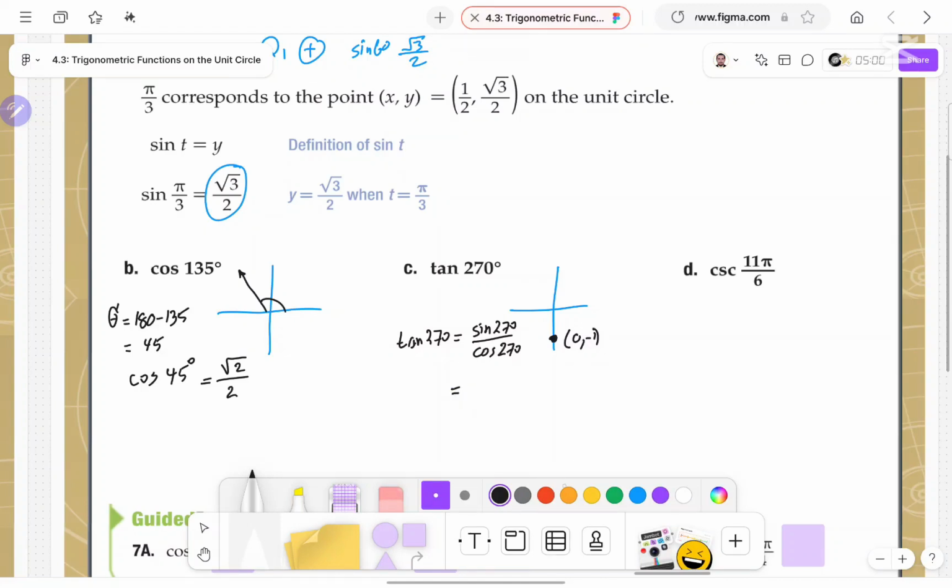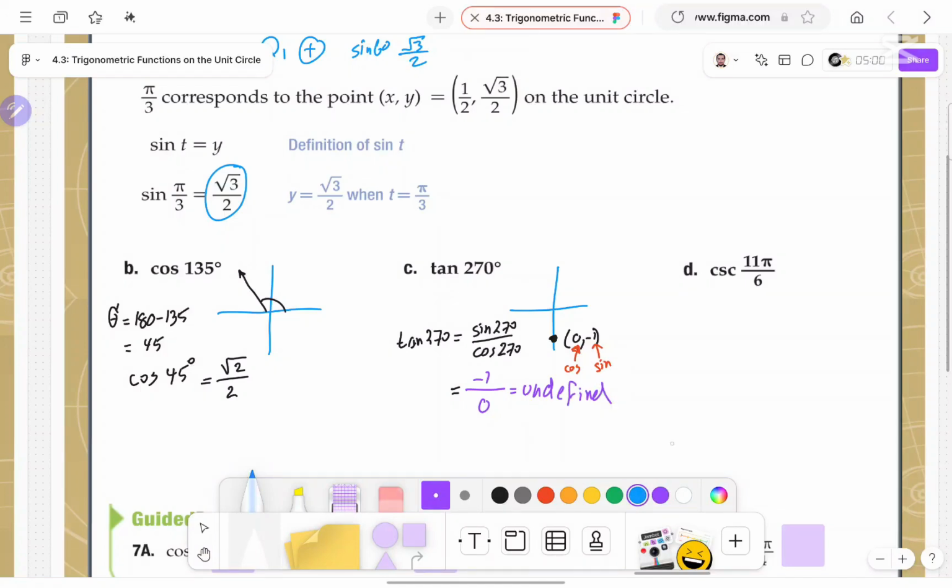We know that this one is cosine and this one is sine. Sine is -1, cosine is 0, so it's undefined.